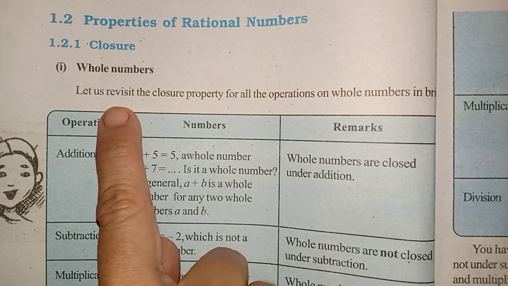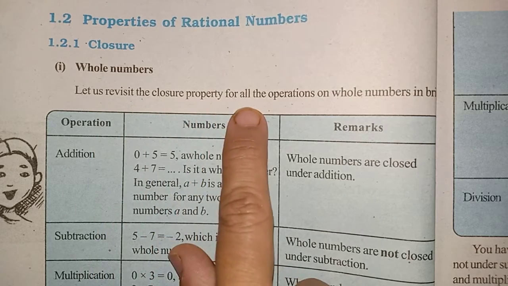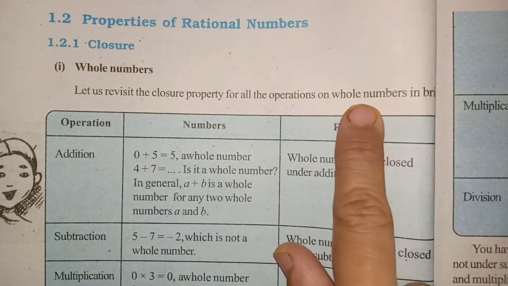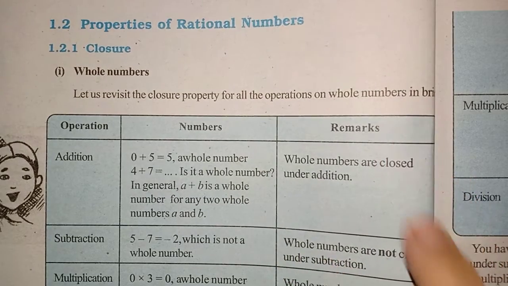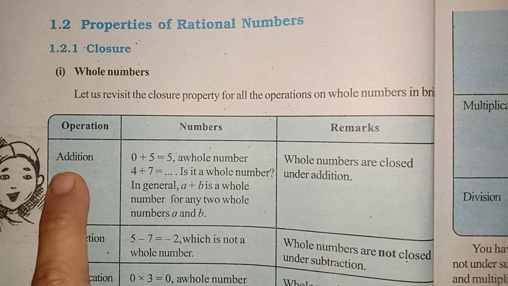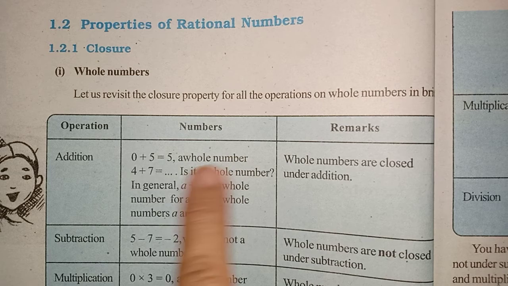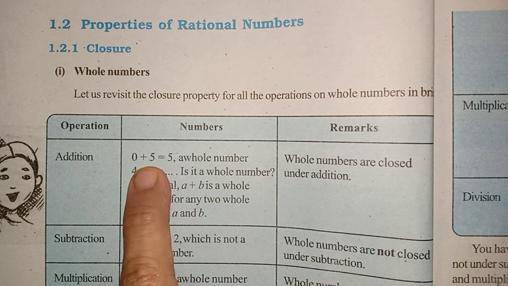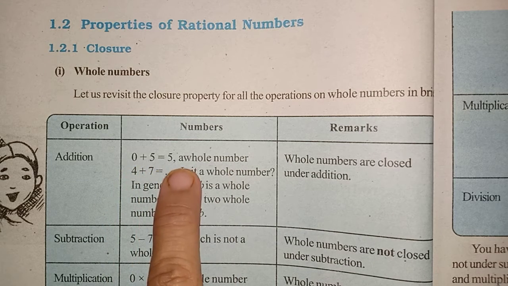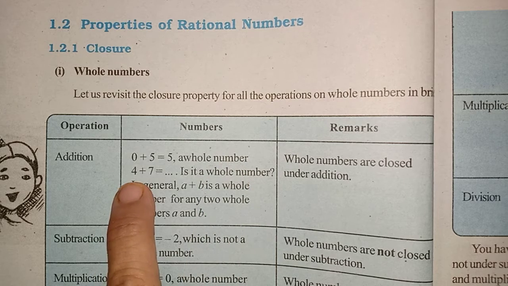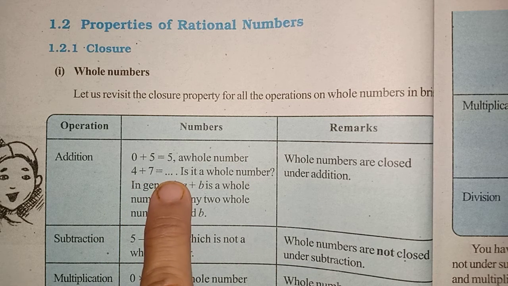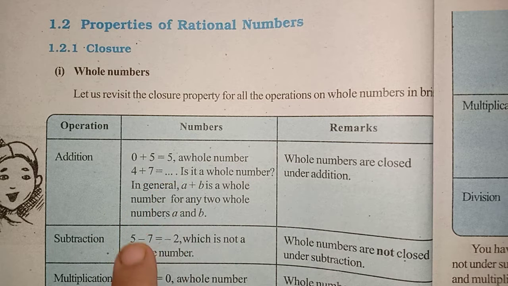Let us revisit the closure property for all the operations on the whole numbers in brief. Now see, the first operation is addition. If we add 0 plus 5, we get 5, a whole number. 4 plus 7, the answer is 11, which is also a whole number.